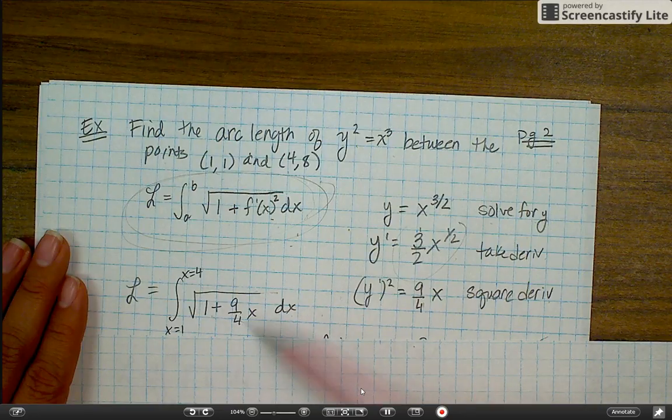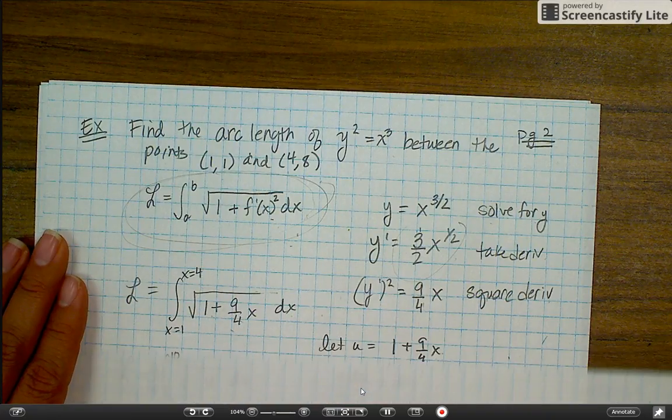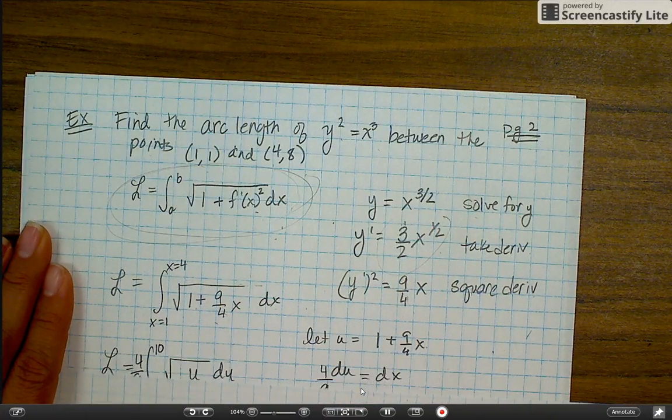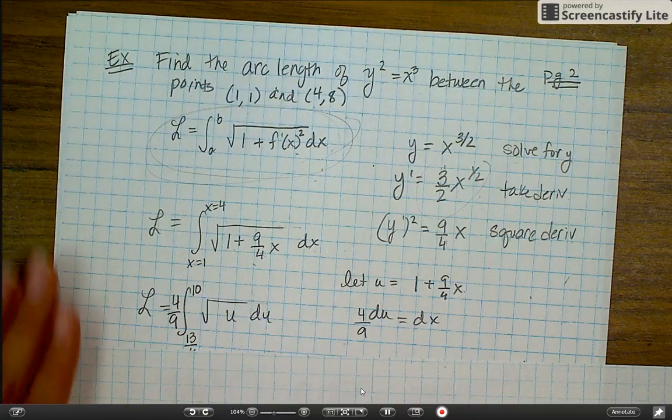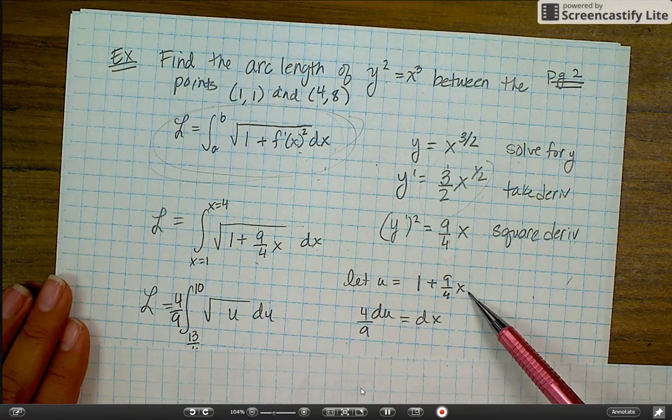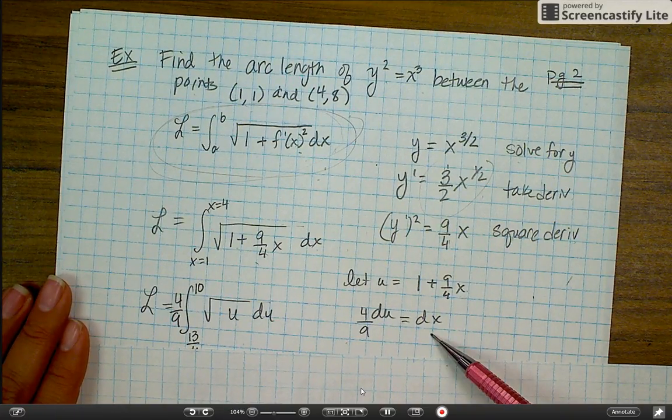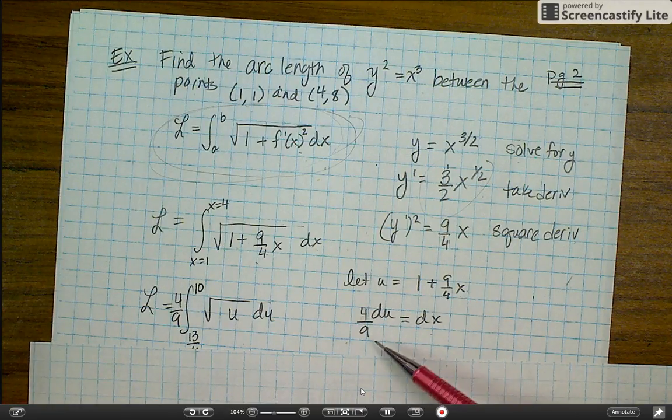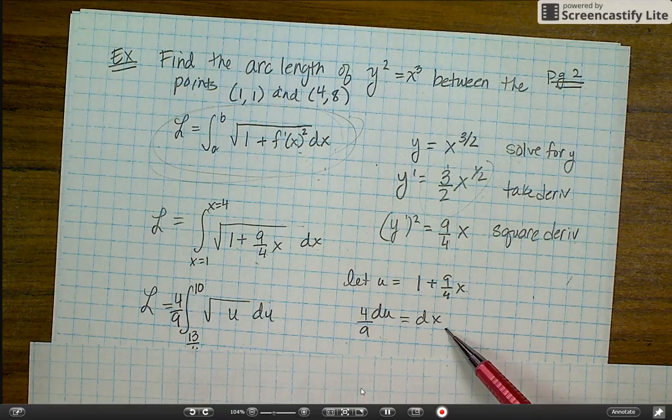Square root of 1 plus, and then I'm taking this and putting it into my formula. Then we integrate and we realize we have to use substitution. No fun, but oh well. We use this, so therefore du is that, and then divide out the 9/4. And we get that.